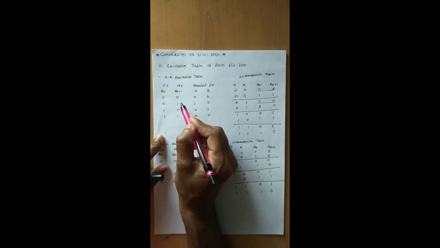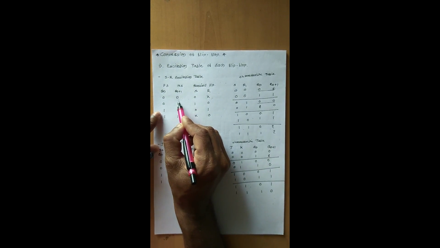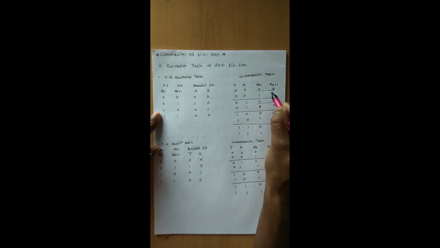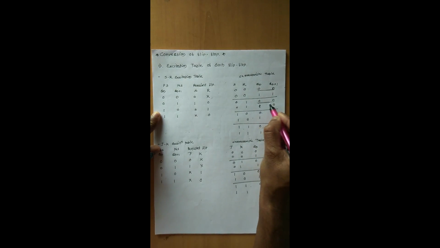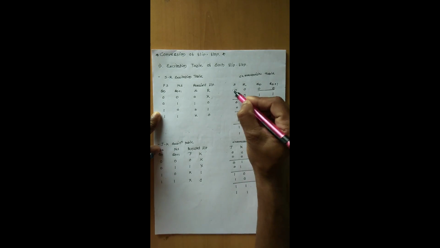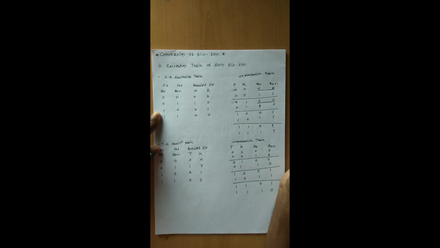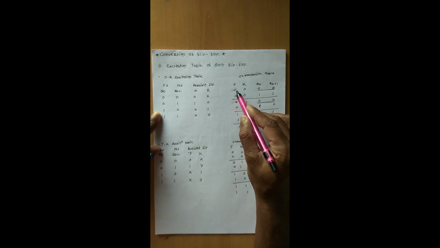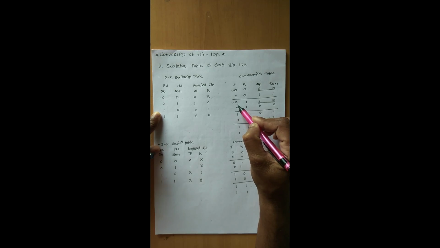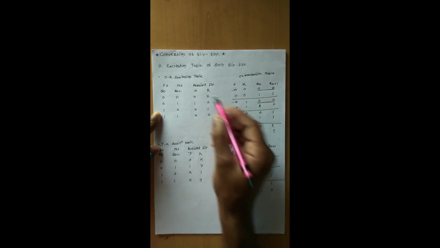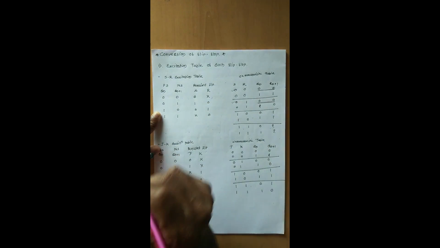This is 0 0. For the implementation of this first step, we have to know the characteristic table of the SR flip-flop. At this condition 0 0, we have to analyze what the input bits of S and R are. Here S is 0 and for this condition S is also 0, so the bit of set, or S, is not going to be changed, so we write here 0.